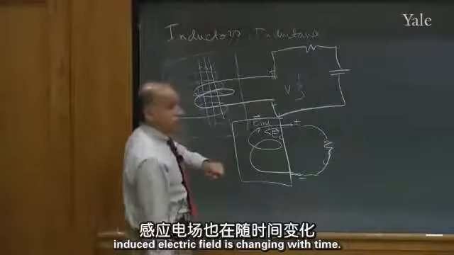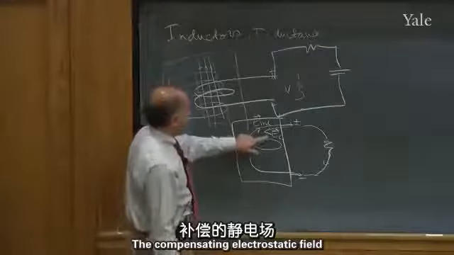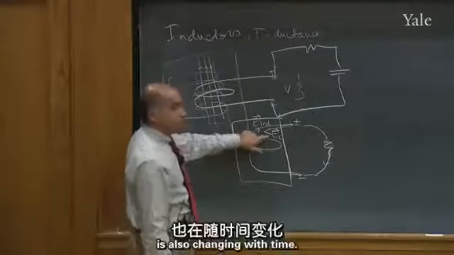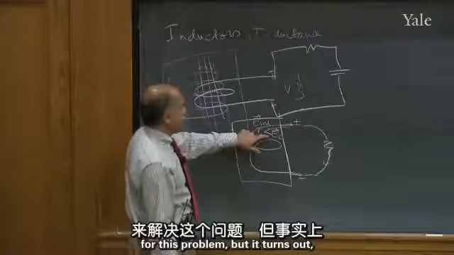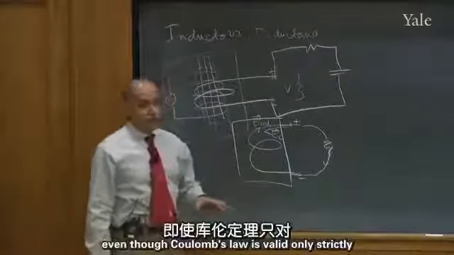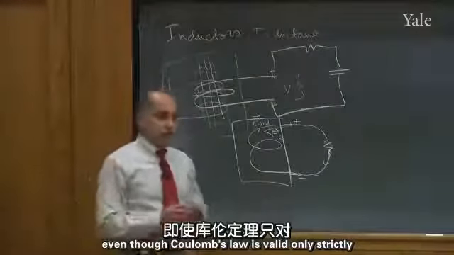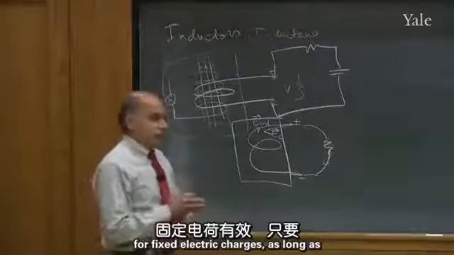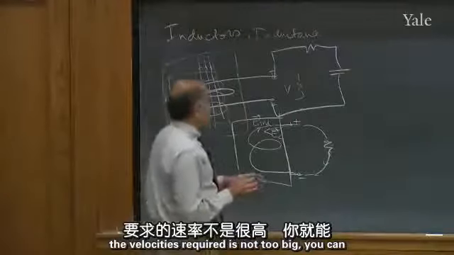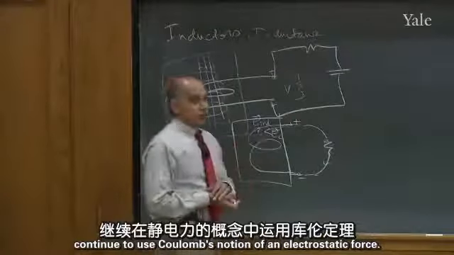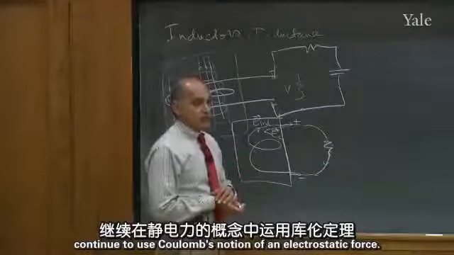The induced electric field is changing with time, and the compensating electrostatic field is also changing with time. So you really should not use the laws of Coulomb for this problem, but it turns out, even though Coulomb's law is strictly valid only for fixed electric charges, as long as the velocities required are not too big, you can continue to use Coulomb's notion of an electrostatic force.